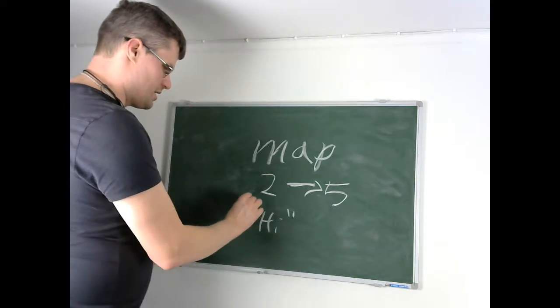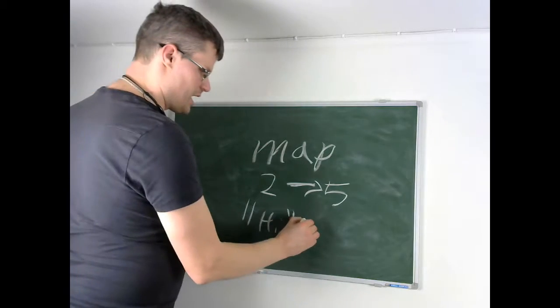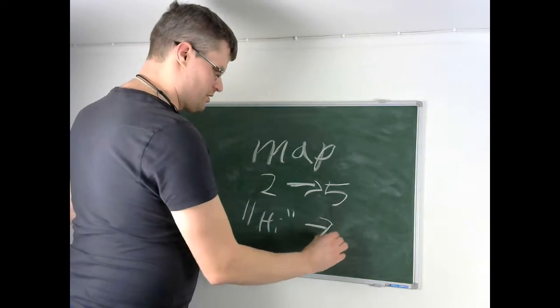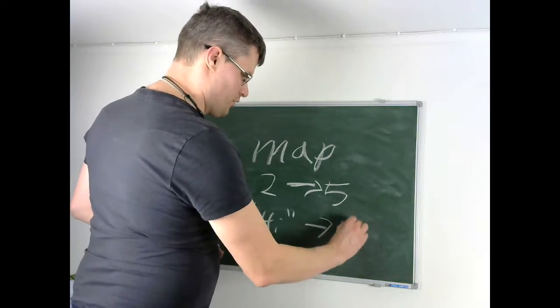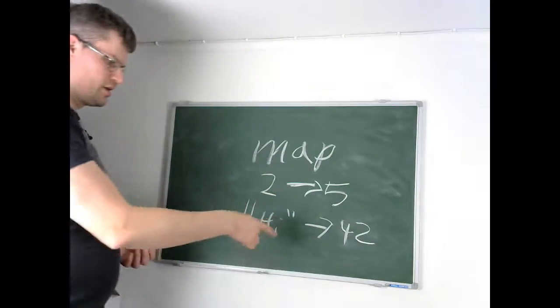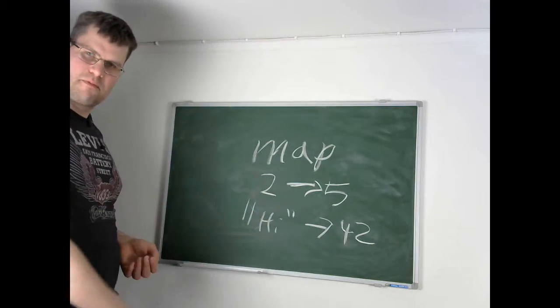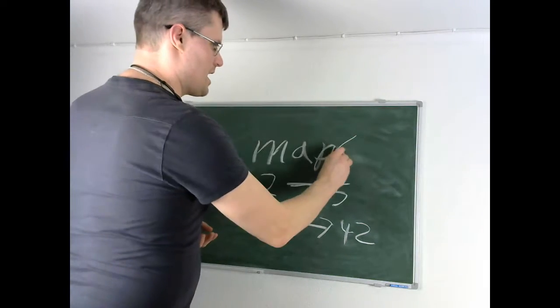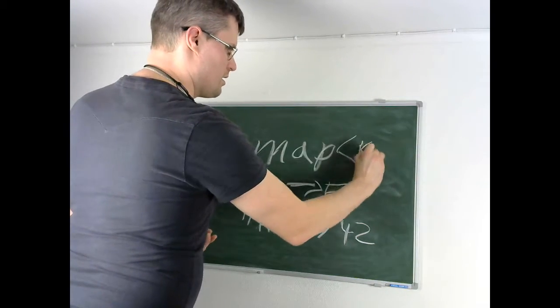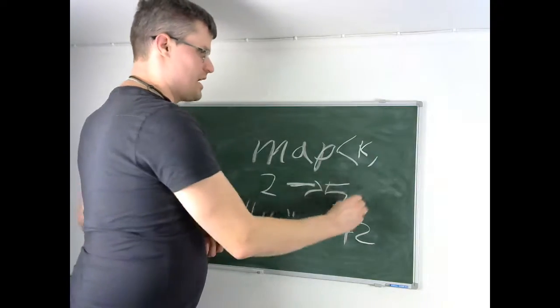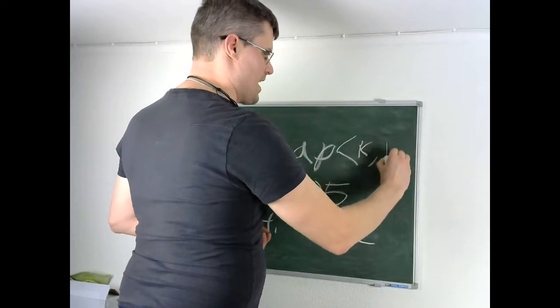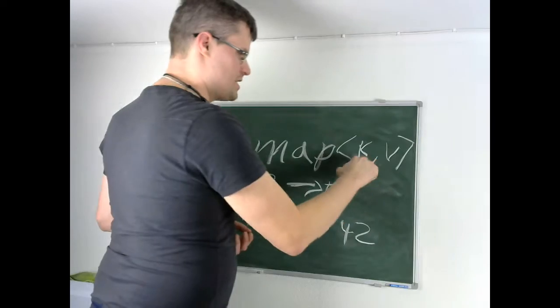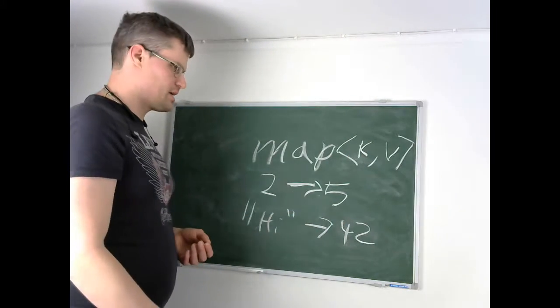The string "hi" is my key, and in my string "hi" I have a value of 42. Or I could have a string map. So I decide what's my key of the map and what's the value of my map. And these two are both objects.